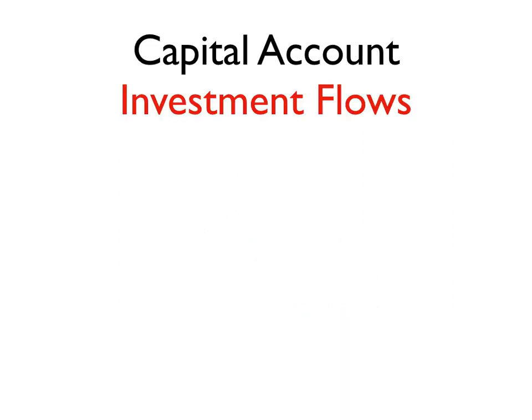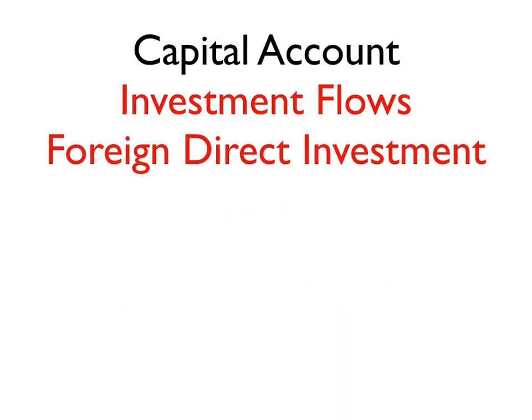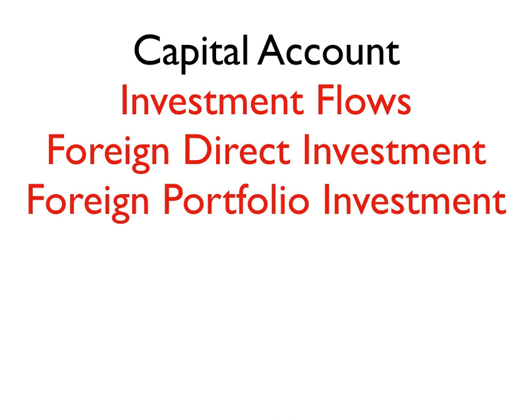So the capital account would track investment flows, foreign direct investment, portfolio investment. Remember the distinction: foreign direct investment is when someone invests directly in another country to create a company. Foreign portfolio investment is when you're investing in a company that's already located in that foreign country.